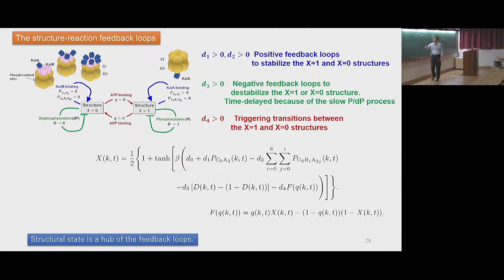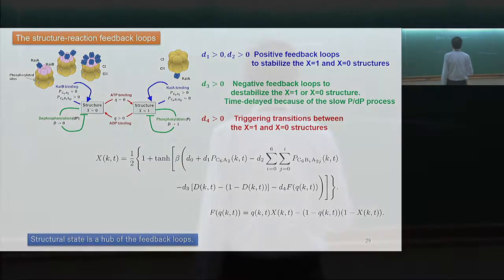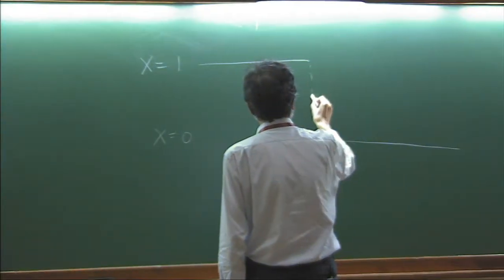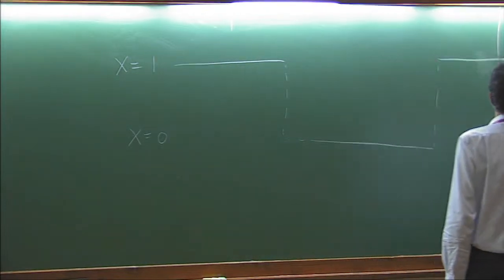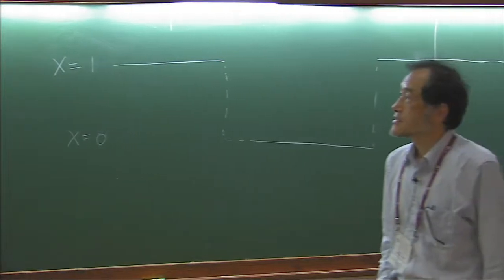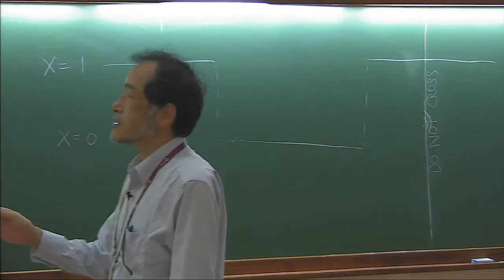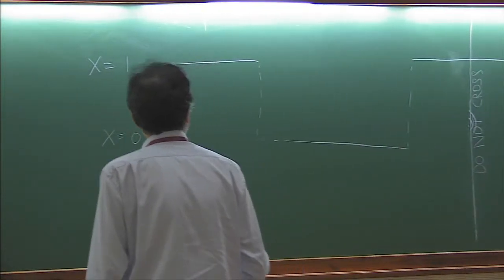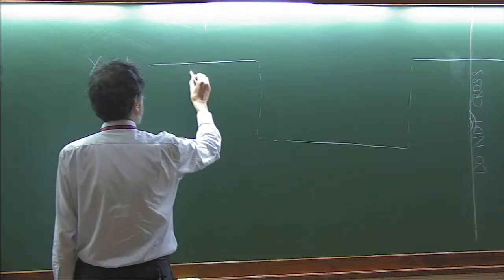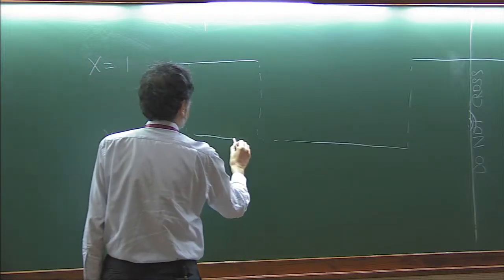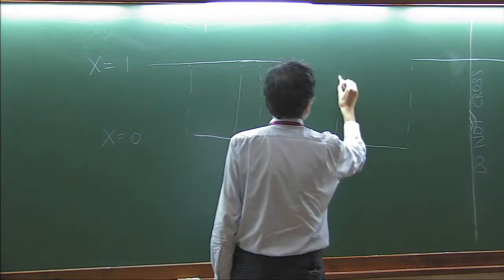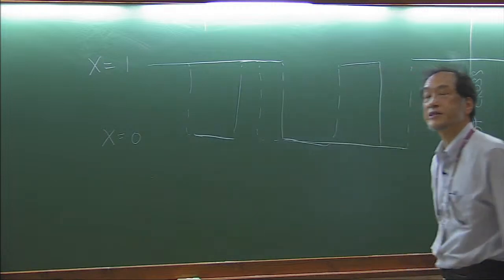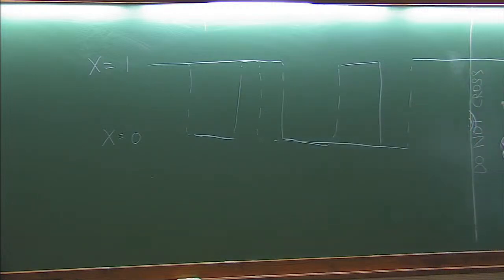If ATP hydrolysis takes place, we can see infrequent stochastic jumps between these states. But because we have negative feedback, this jumping can be more frequent. So this gives an oscillation of the individual KaiC molecule.